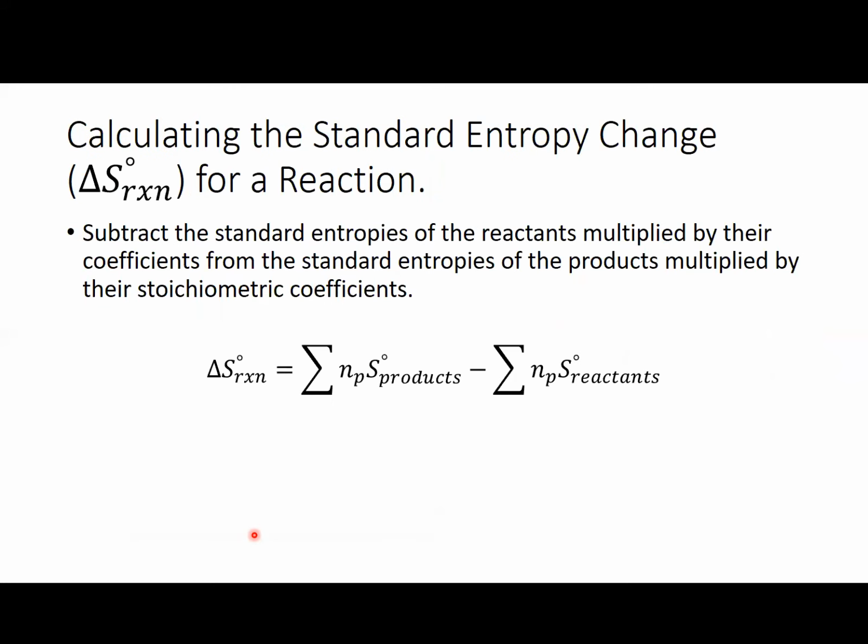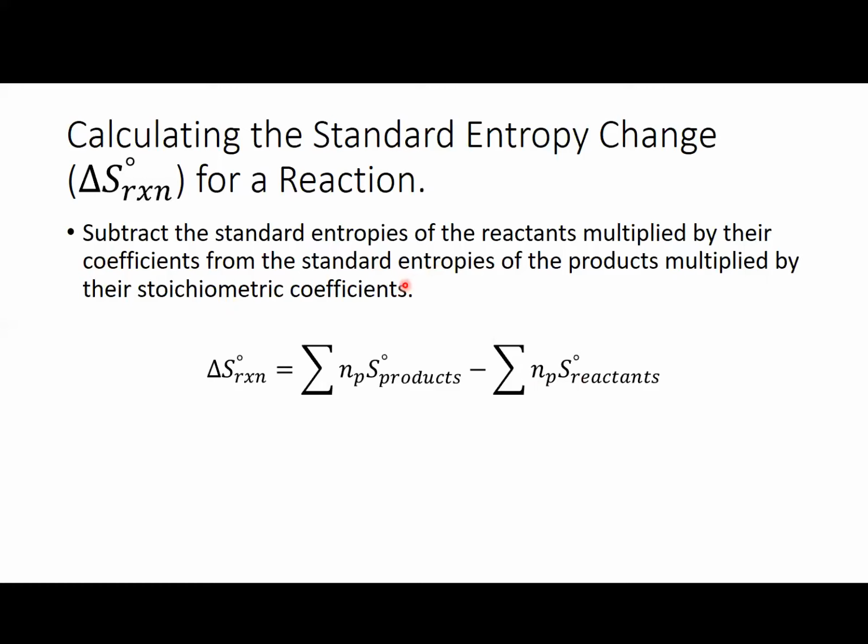So let's calculate the standard entropy change for a reaction. The way that we do that is we look at the standard entropies for the products multiplied by their coefficients, and we take away the standard entropies of the reactants multiplied by their coefficients. So we have the products minus the reactants again.